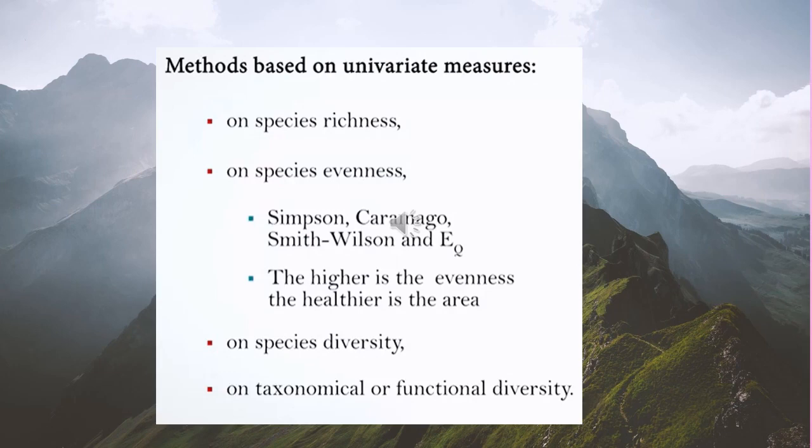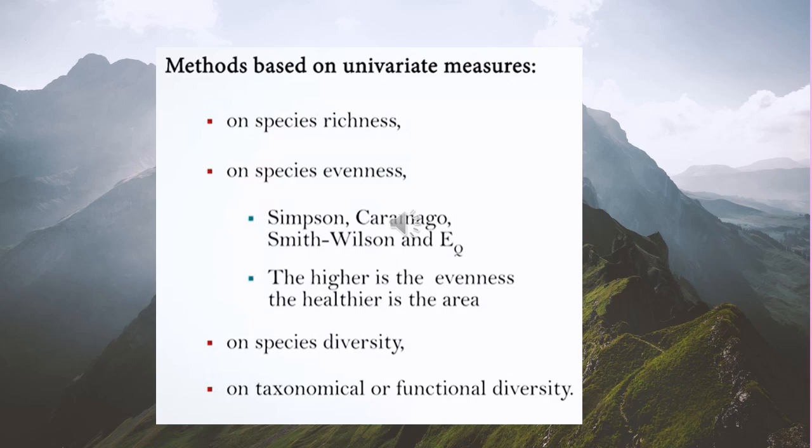There are some methods that are based on univariate measures. For instance, indexes that are based on species richness. The effect of disturbance is more evident on abundances. There are indexes based on species evenness.